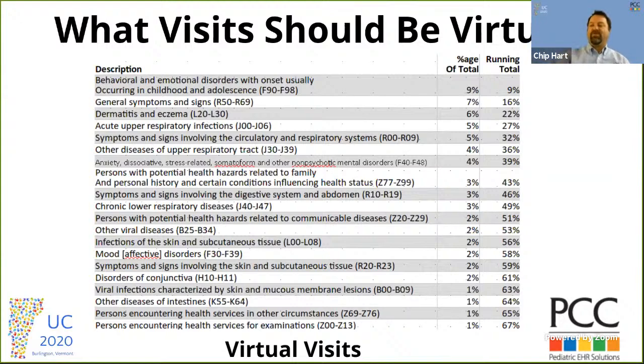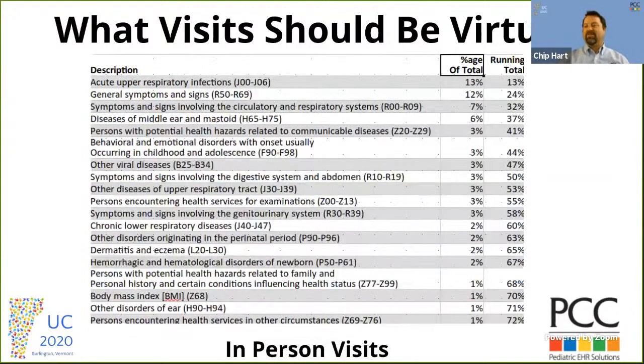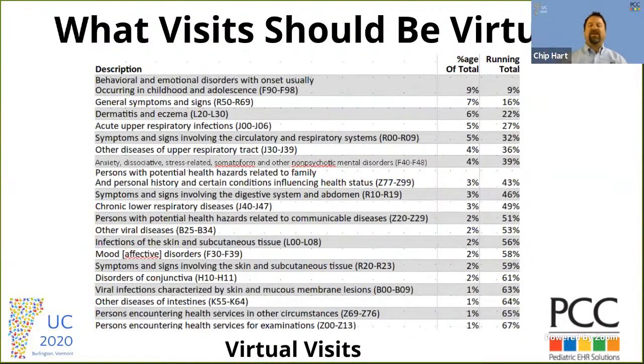So if you go through this list, I mean, if I do this, you probably can't follow along, right? But the point I'm trying to make is there are some visits that unequivocally are just as good and even sometimes better as telemedicine visits than they are with in-person visits.